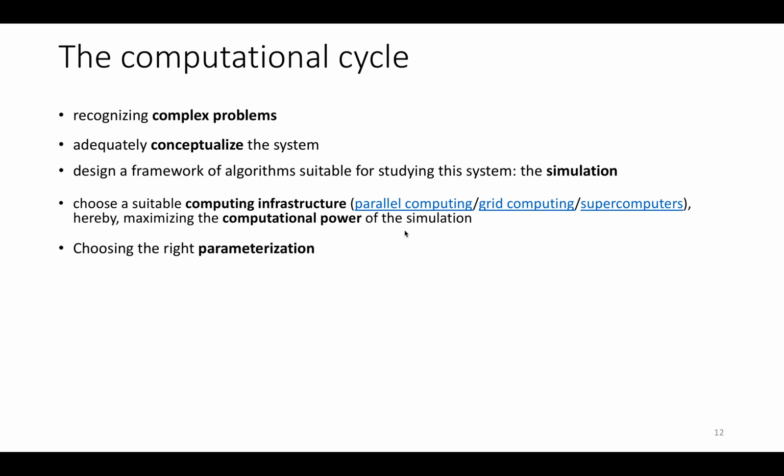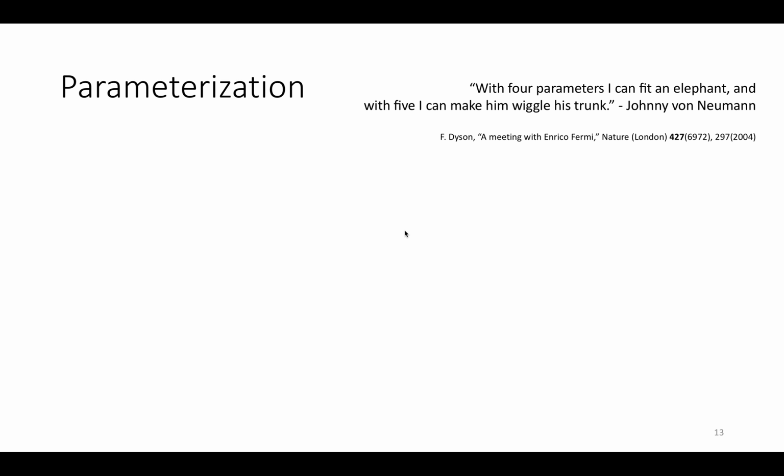Next thing we want to do is think about how to choose our parameters. So Conway could have chosen very different rules and nothing would have come out of his model. And also, if you choose a lot of parameters, you can basically fit your model to everything. Famous quote from von Neumann is, with 4 parameters I can fit an elephant, and with 5 I can make him wiggle his trunk.